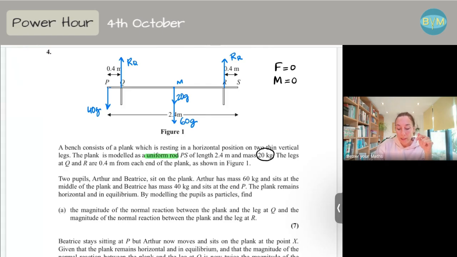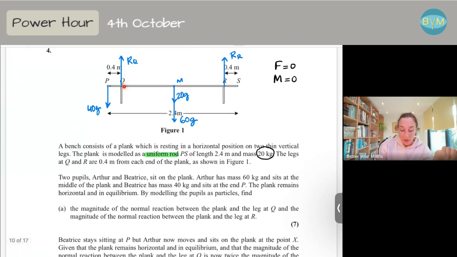We can apply one or both. This one is easier to apply, but because this is a moments question, we will have to take moments. So we are not going to get away just using forces. But every time you can use forces, try to use forces because it's simpler. So I'm going to find RQ or RR first, taking moments, and then I'm going to use the other one to find the missing force.